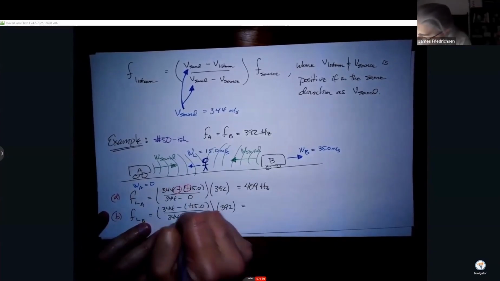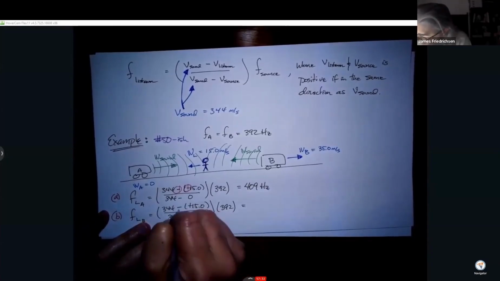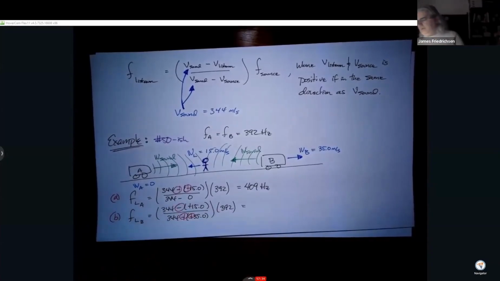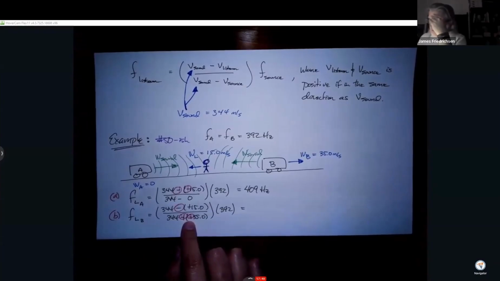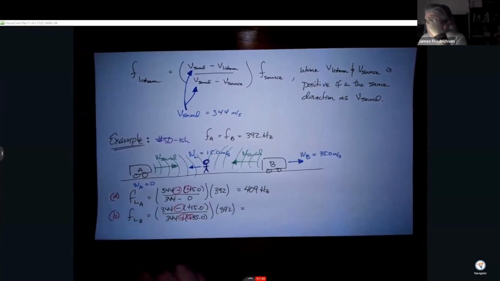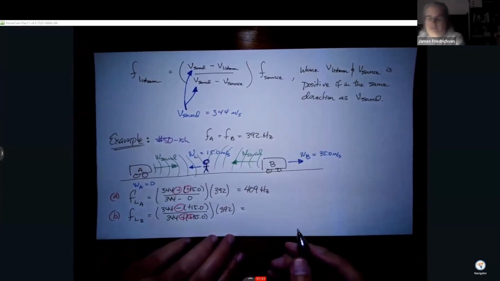So again, the minus gives us a plus, and then don't miss this minus sign here. So these are going to combat one another. Well, actually, they're going to both combine the same way, right? Because this makes a bigger denominator. This makes a smaller numerator. This makes something less than the 392. So 340.3.